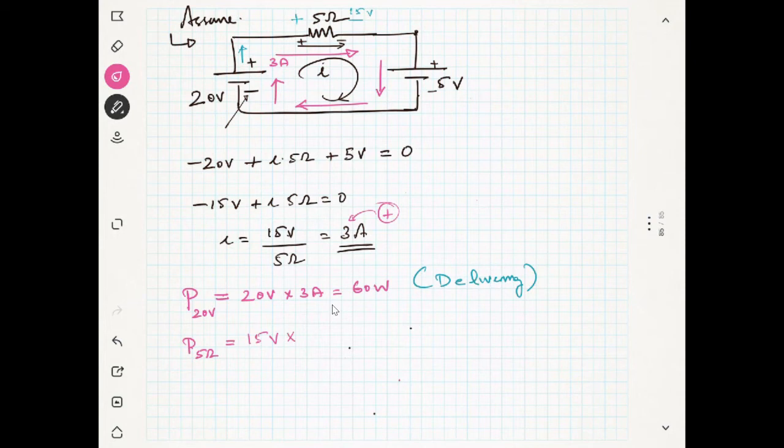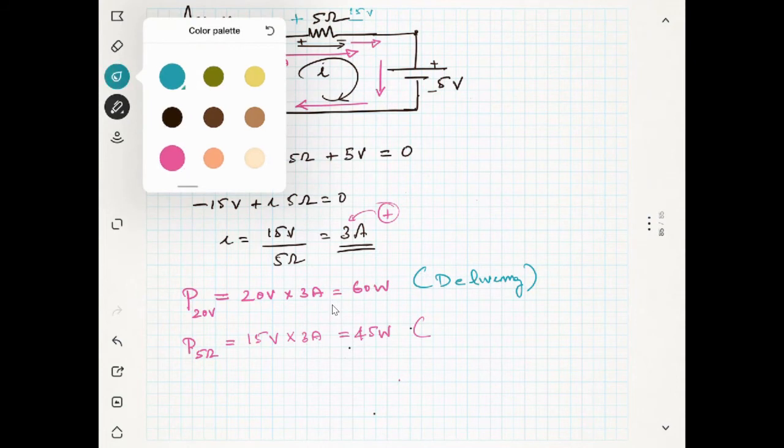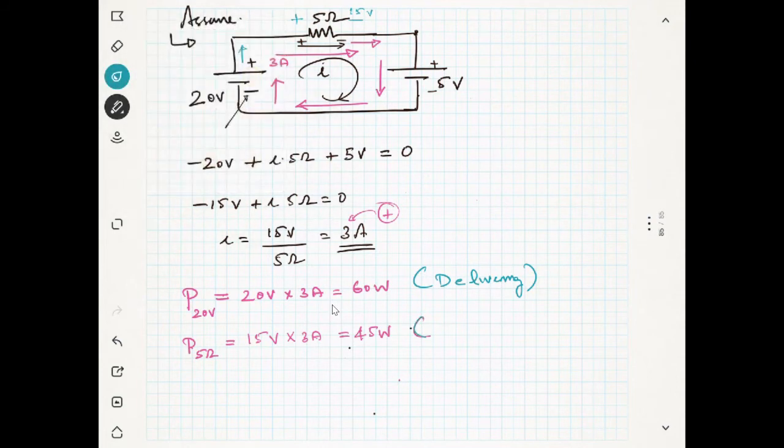And what is the current? The current is 3 ampere, the same current. So the power is 45 watts. And you can see here the current is entering the positive terminal, or it is going away from the negative terminal. So is this guy absorbing or delivering? Yes, it is absorbing the power. I hope the concept is very clear to you, right?